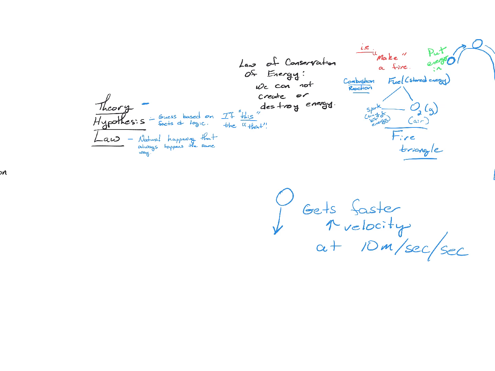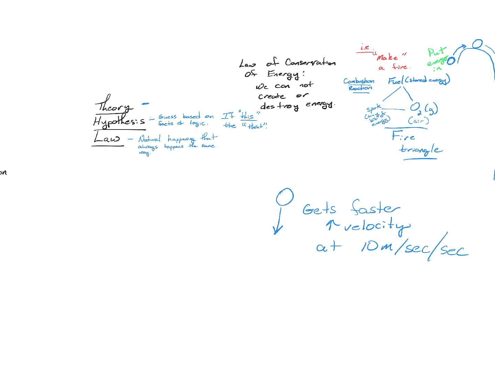So after 1 second of falling, you're moving at 10 meters per second. After 2 seconds of falling, you're falling 20 meters per second. After 3 seconds of falling, you're falling at 30 meters per second. Do you see how that works?